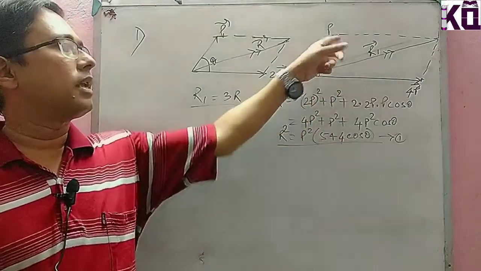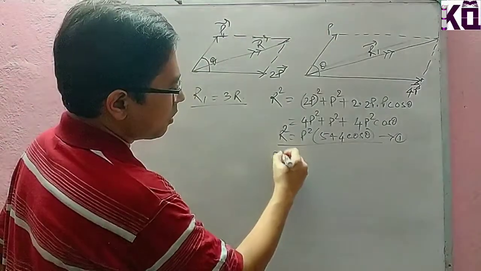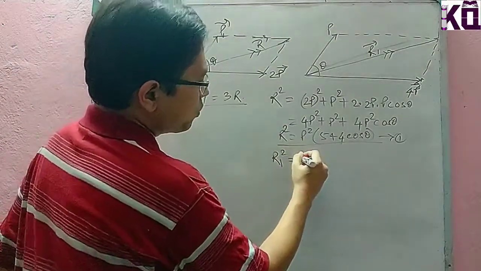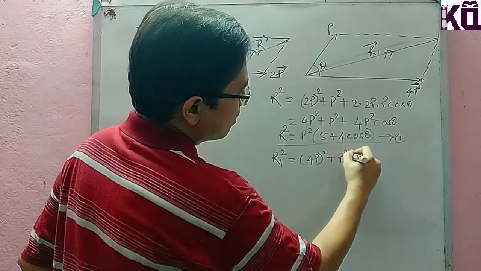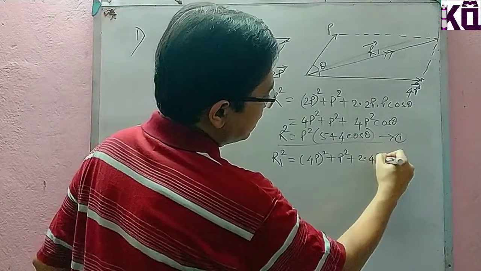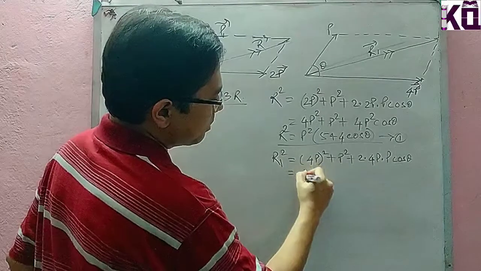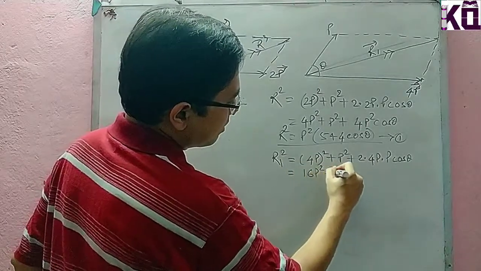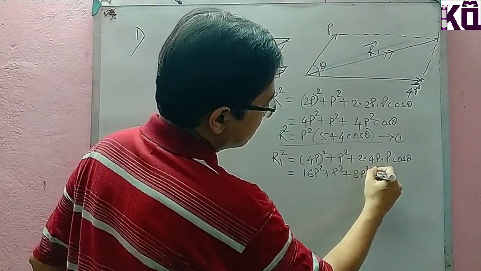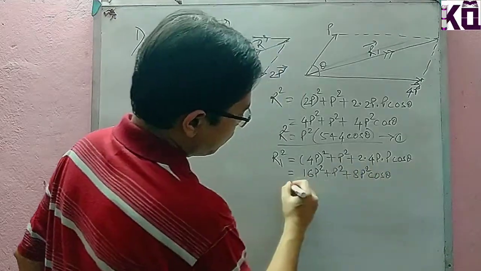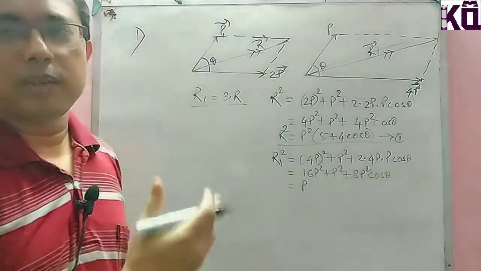Now if I change to the second one, what happens? We can write R1 square, which is equal to 4p square plus p square plus 2 into 4p into p cos theta. So from this we can write 16p square plus p square plus 8p square cos theta. 16p square plus p square becomes 17p square.